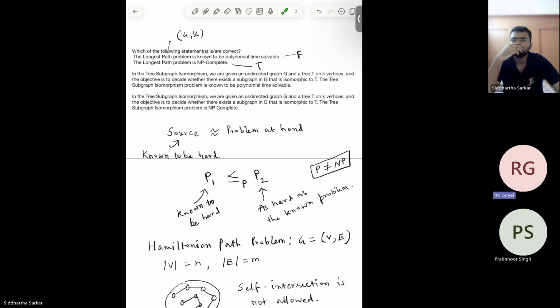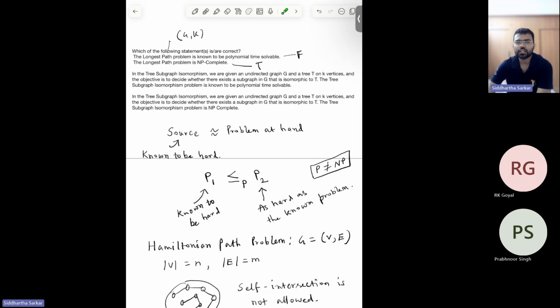So somewhere I'll have to find whether there exists a path from a vertex to another vertex of the specified length. And that path should be the longest one in the sense that a leaf of the subgraph of G is going to map to a leaf of the given tree T. Yeah, that could be one of the ways to look at it.